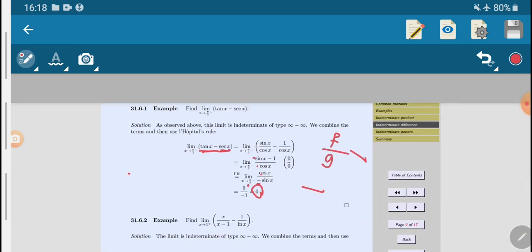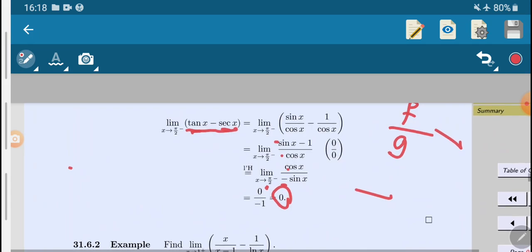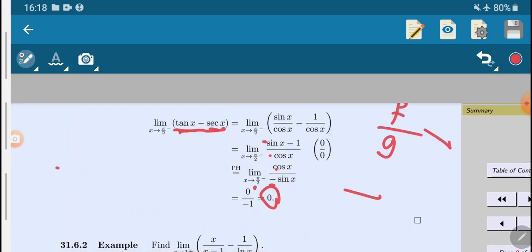And now I wanted to just take a summary, a tour about our lesson. We learned how to determine the limit for the quotient when it equals 0 over 0 or infinity over infinity.